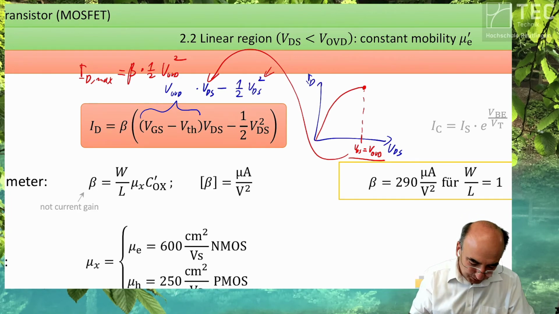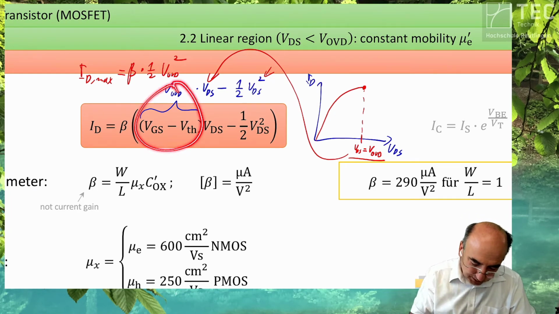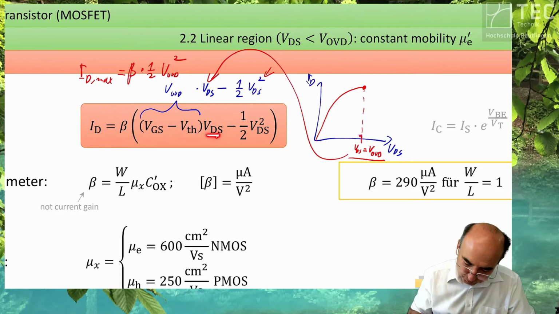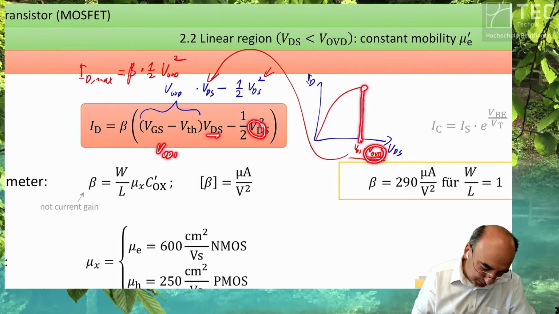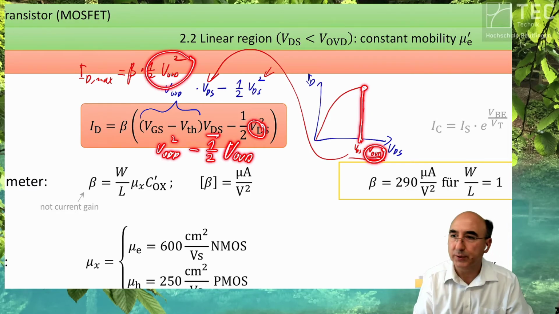Why? Because this is V overdrive and VDS is V overdrive, and V overdrive square minus 1/2 of V overdrive square is 1/2 of V overdrive square.